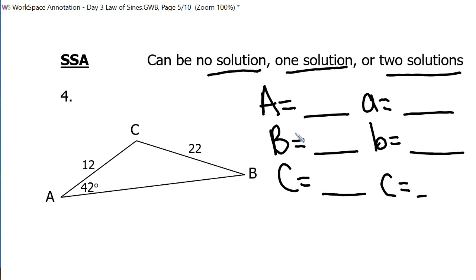But if you have side, side, angle, you could have two solutions. So this would be the second solution over here, angle A, angle B, angle C. Side A, side B, side C.